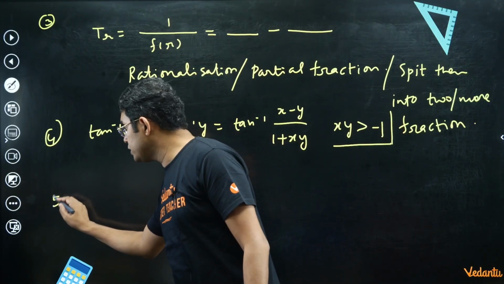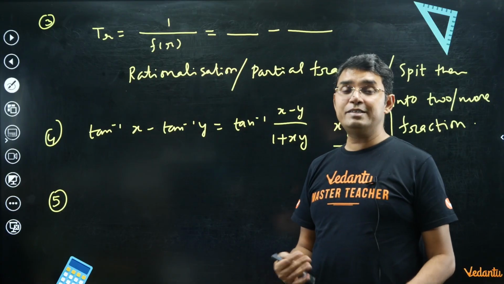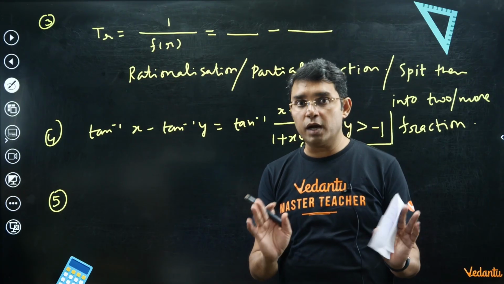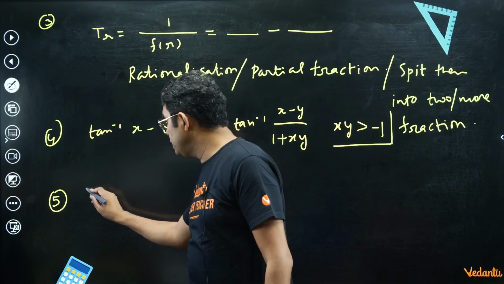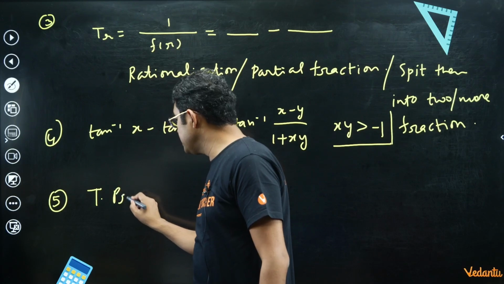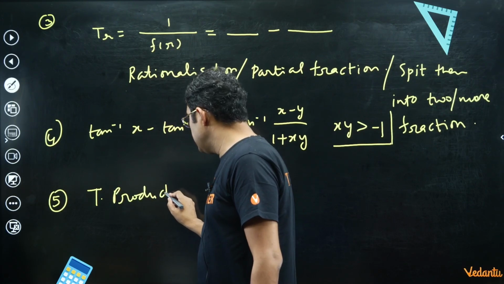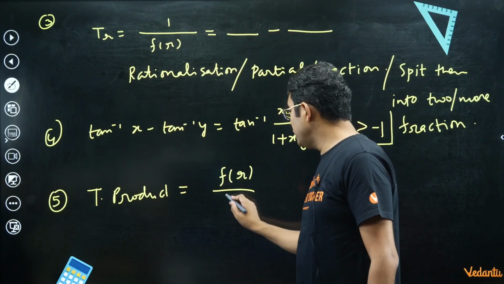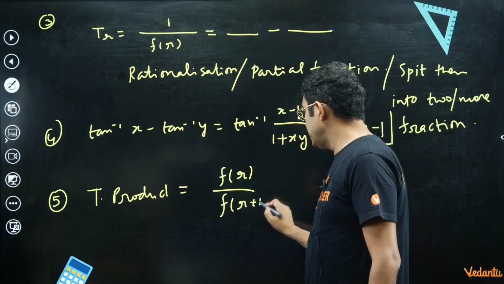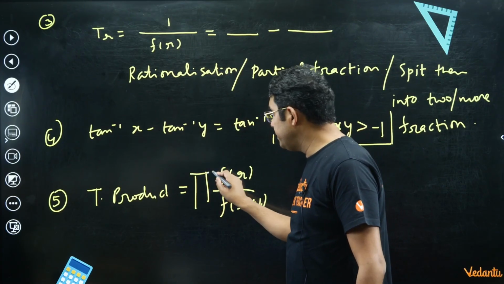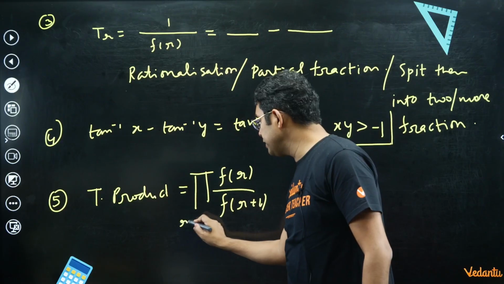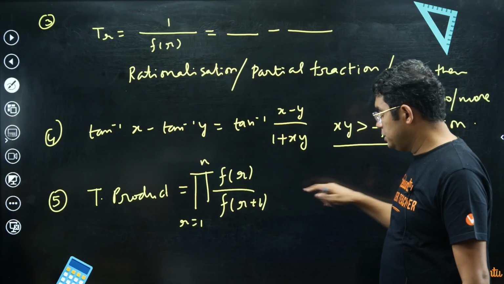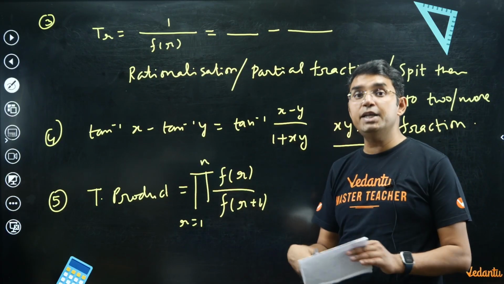Okay, now one more thing I will talk about. As we always said telescopic sum, but we can also say telescopic product. What is a telescopic product? In this case, your terms would be written as f of r upon f of r plus 1, and you will be taking their multiplication. R will be starting with 1 going till n. If you keep writing these terms, the pi sign means continued product.